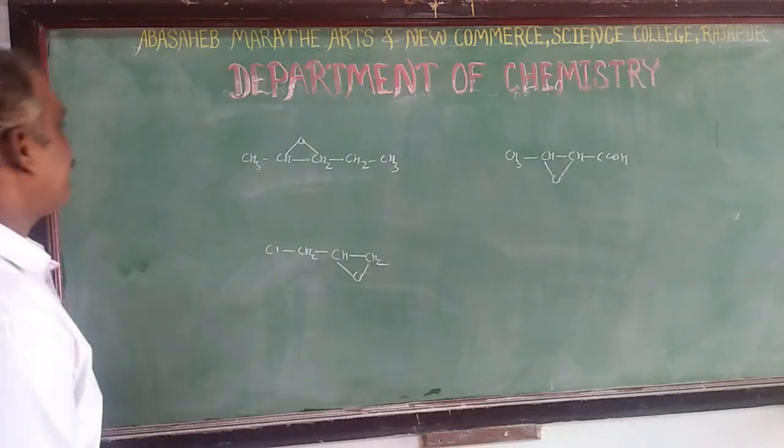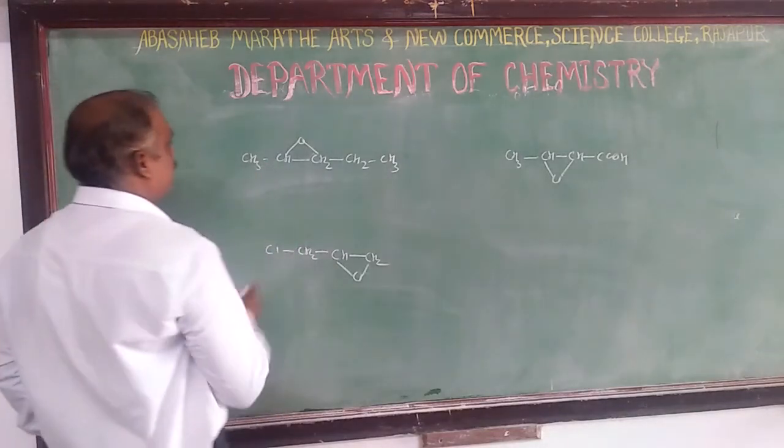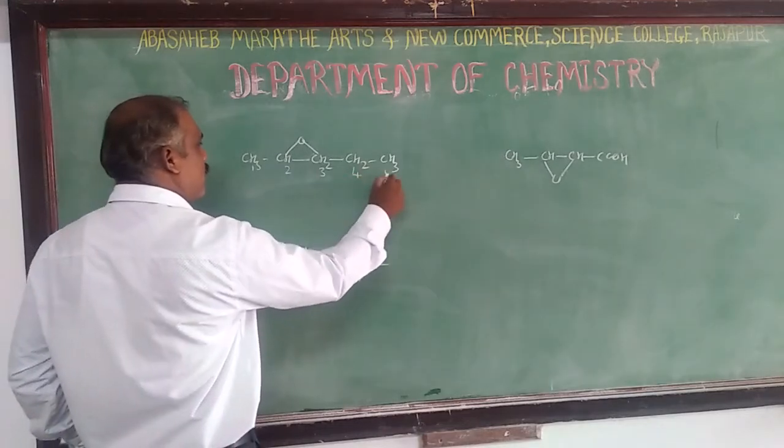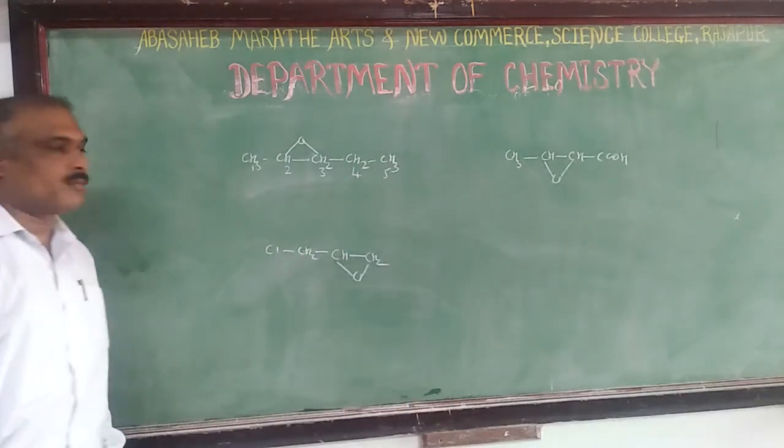Firstly we give the numbering like this, 1, 2, 3, 4 and 5.